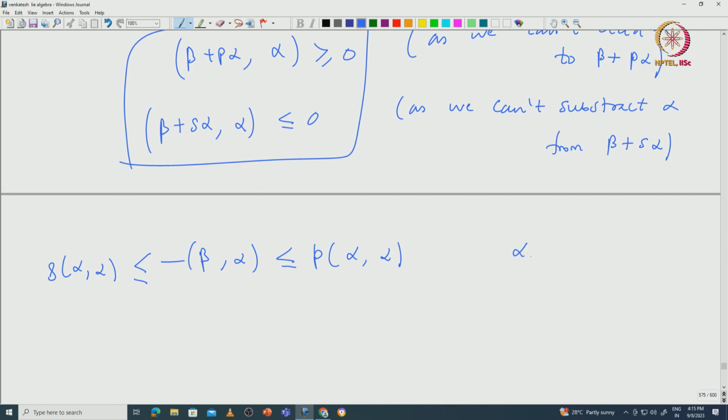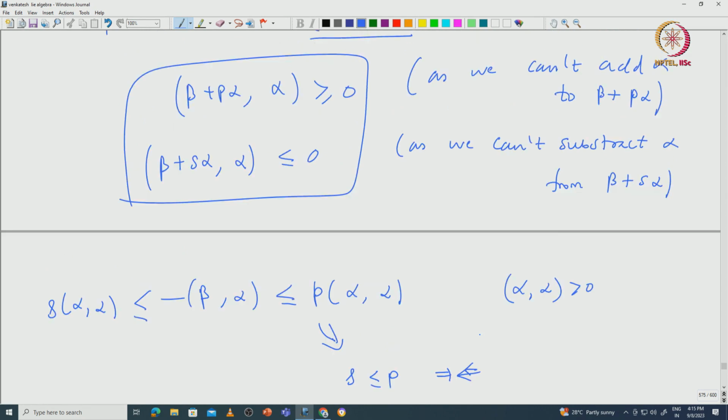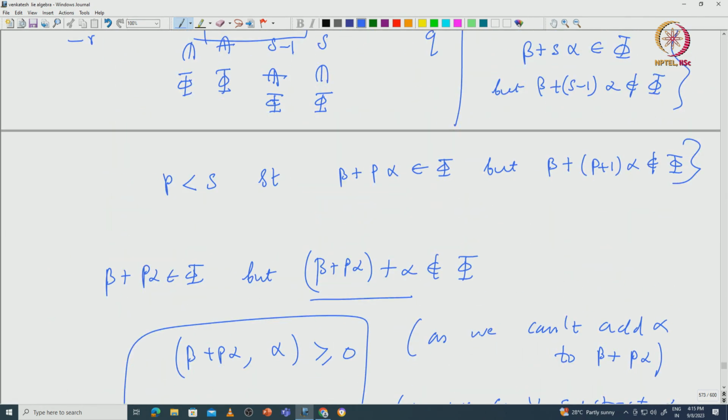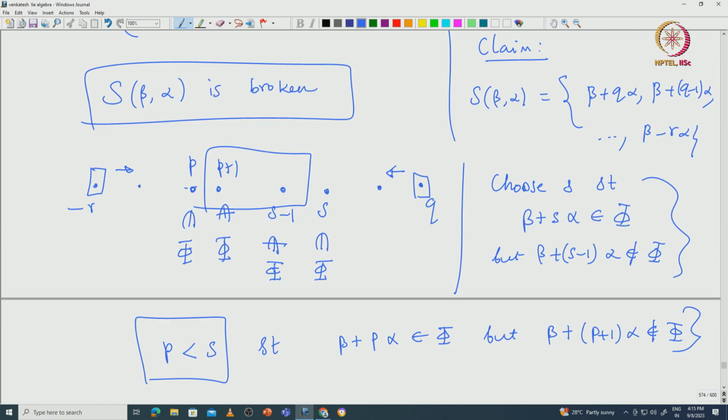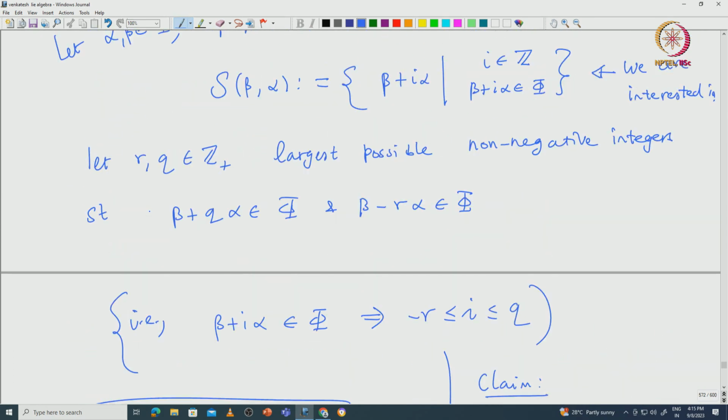Now, since the inner product of alpha with alpha is positive, this implies that S is less than or equal to P, which is a contradiction, because the way we chose P and S guarantees that P must be less than S. So, this proves that this chain that we are talking about must be unbroken.